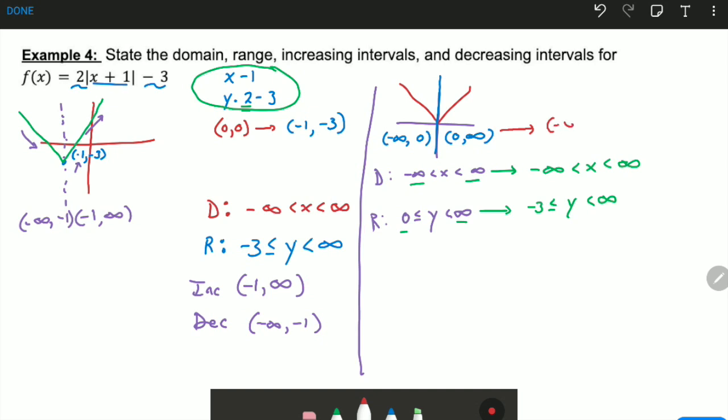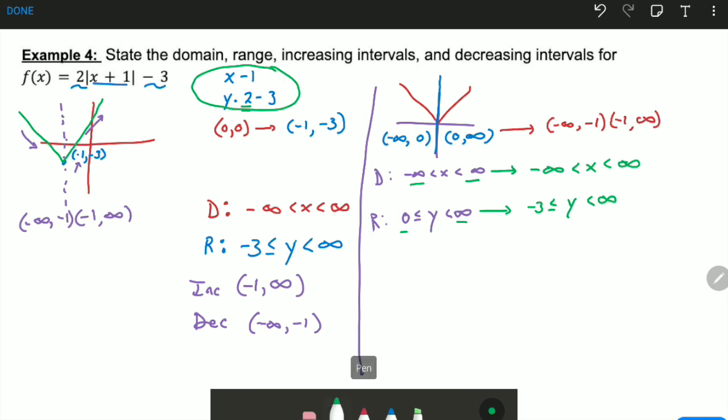So negative infinity minus 1 is still negative infinity. 0 minus 1 is negative 1. Remember, these are intervals. They're both x values there. 0 minus 1 is negative 1. Infinity minus 1 is infinity. Remember, everything was x values.